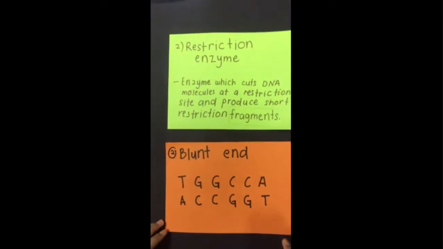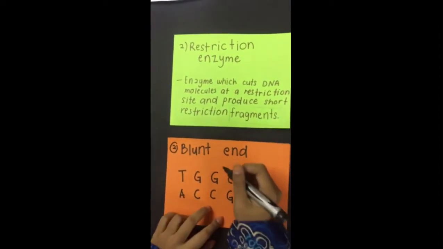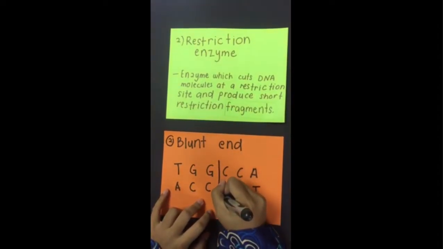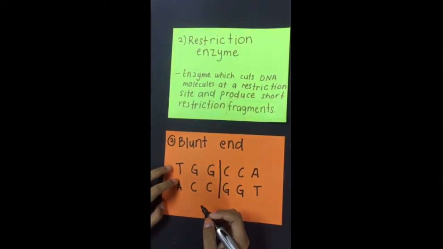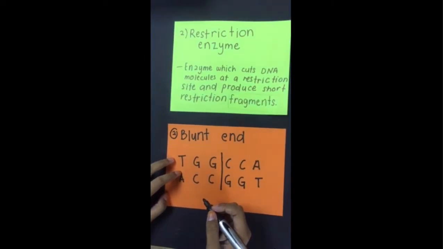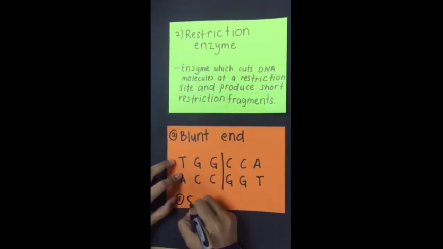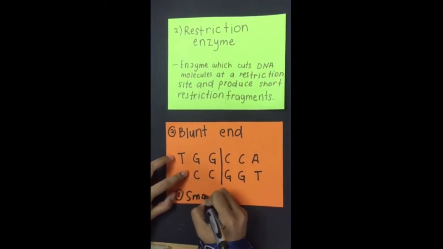The second type of cut is blunt end. An example of restriction enzyme for blunt end is SMA1.